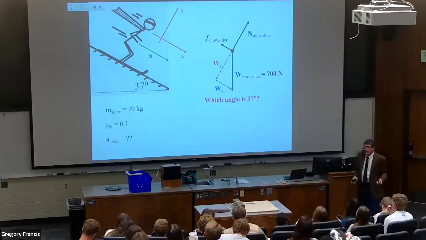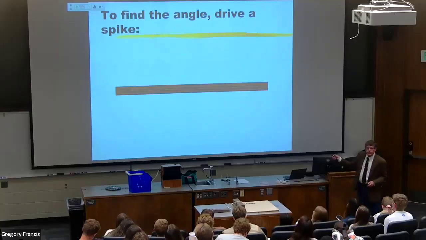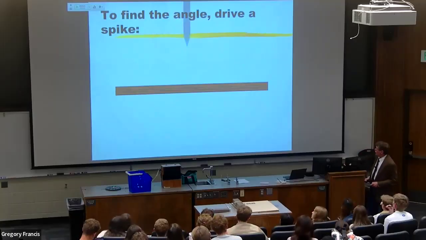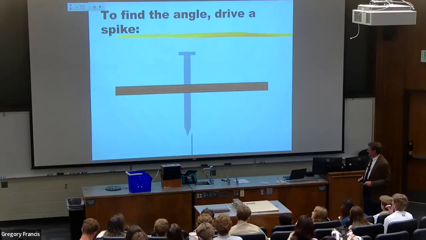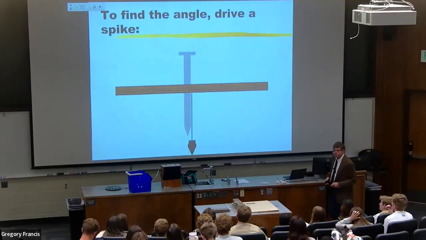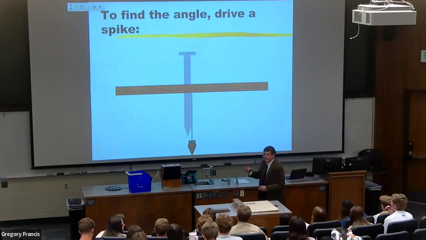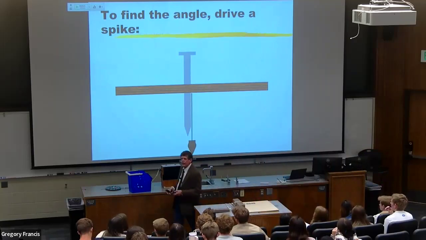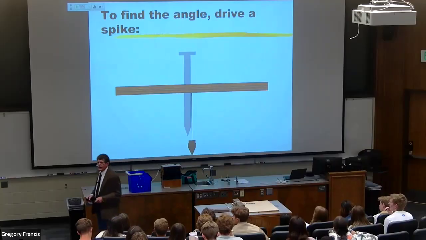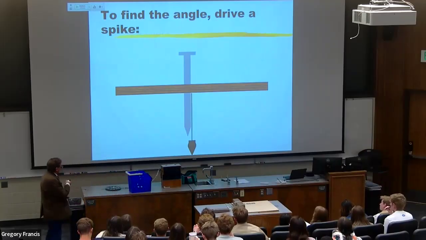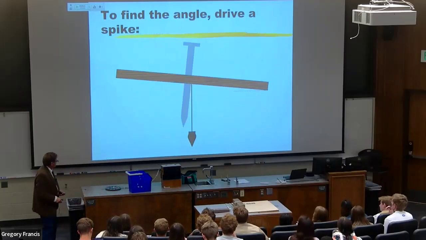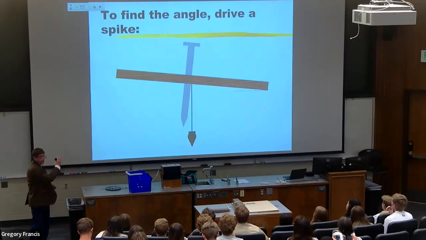Okay. Well, let's look at it from the perspective of this board that we drive a spike through and we hang a plumb bob from. A plumb bob is just a weight on the end of a string that always just points straight down. Now, if I lift up the left end of that board, I bring the board up away from horizontal.